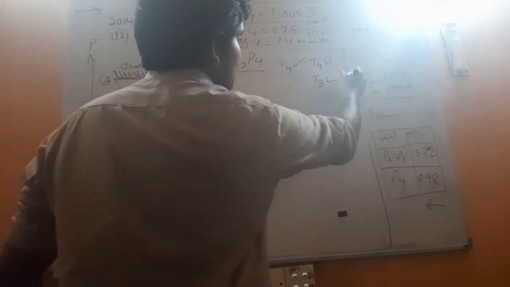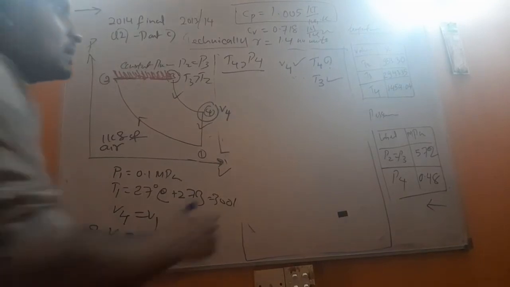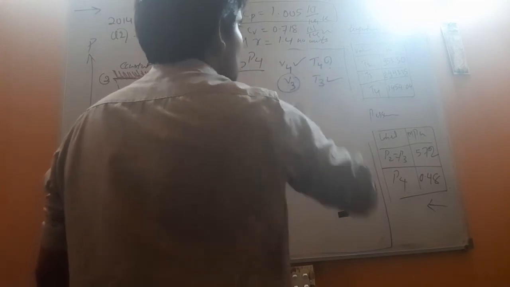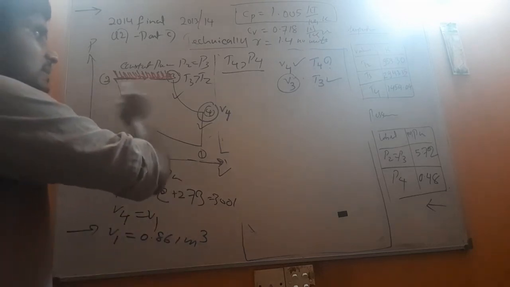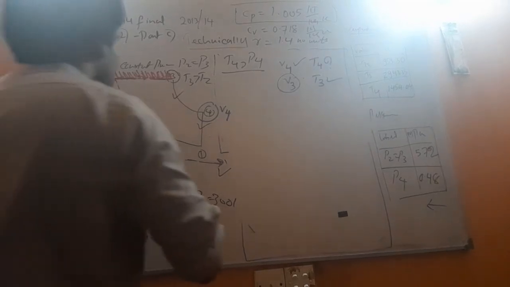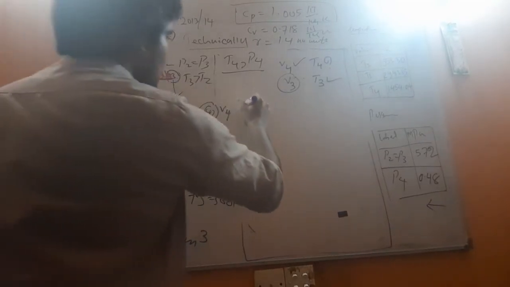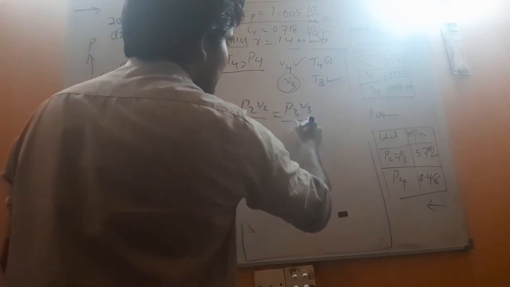T3 we know, because we have previously evaluated it. And if we know V3, then we are done. So how can we find V3? Again we can use the ideal gas equation, applied to the process between 2 and 3: P2 V2 over T2 equals P3 V3 over T3.